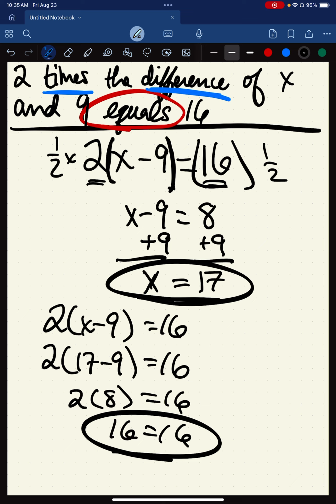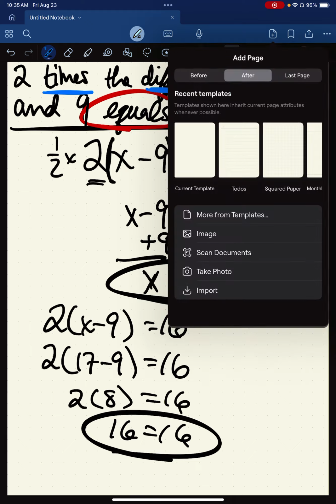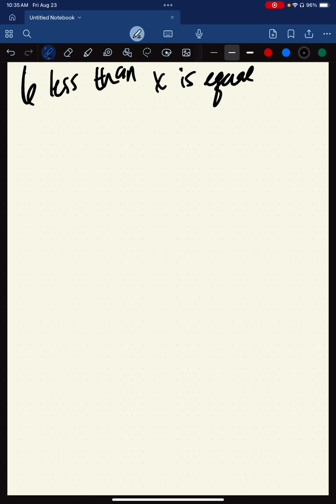Okay, I think I want to do one more problem, and then we'll wrap it up for today. And I'm going to take this directly from the lesson because I think it's a useful one, and that's going to be 6 less than x is equal to 38.